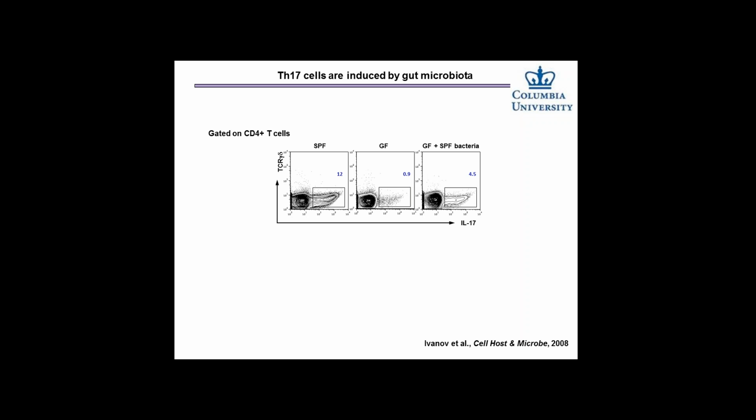Again, because germ-free animals have multiple developmental defects, it is important to provide the proof of principle where you bring back the bacteria. In this case, we gavage germ-free animals with feces from conventionally raised mice, and we can see a nice recovery of Th17 cells. And this proves that the microbiota at steady state is important for supporting Th17 cell development.